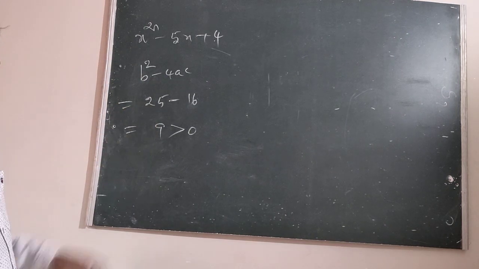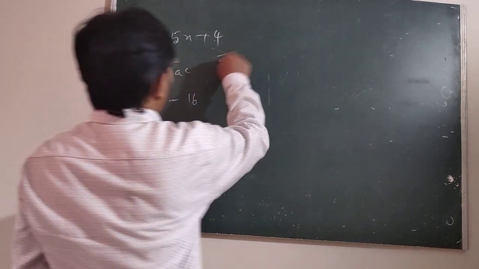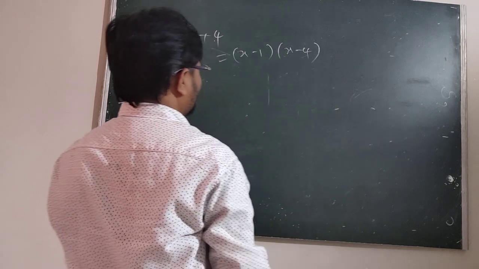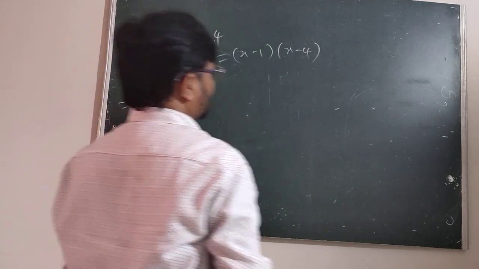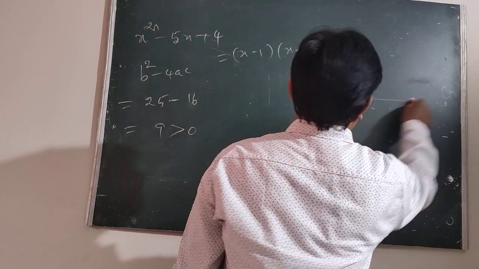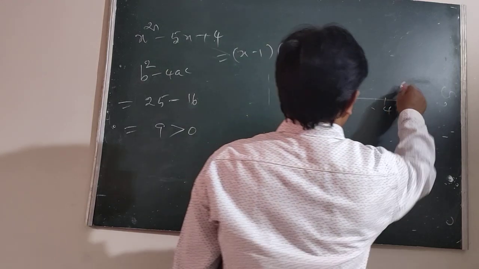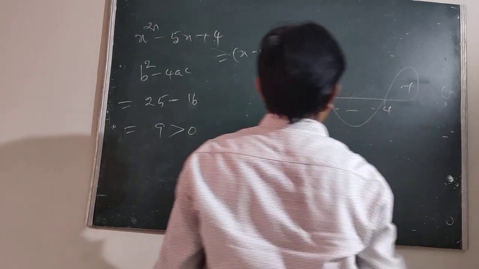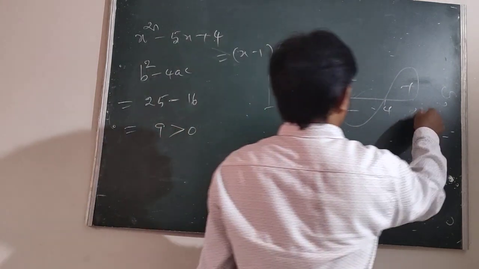So in the case of real roots, now you can write x minus 1 into x minus 4. Now taking the wavy curve method, this is plus, minus, plus, from minus infinity to infinity.